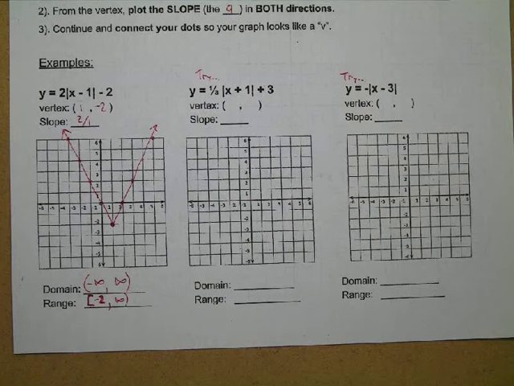So now negative 3. Negative 3 is my x value. Negative 3 plus 2, and then it becomes 1. I'll keep going. So far, so good.